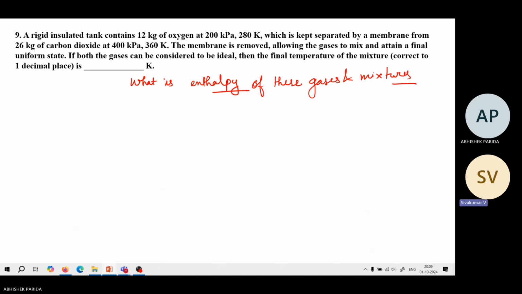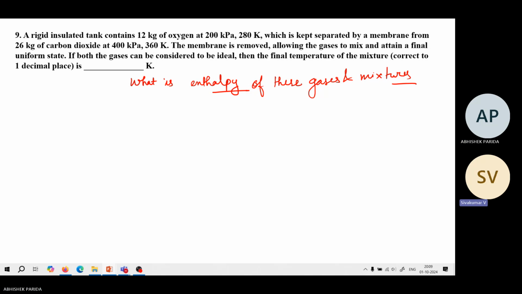Sir, the enthalpy of the mixture after mixing is mass of the mixture into Cp of the mixture into T2. Whether it is correct, sir? Yeah, correct. Yes, sir.